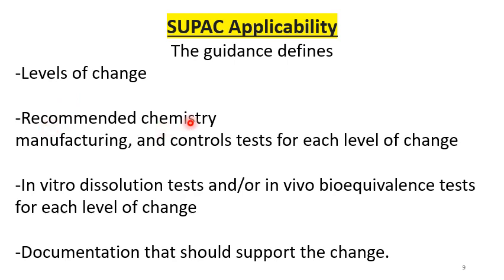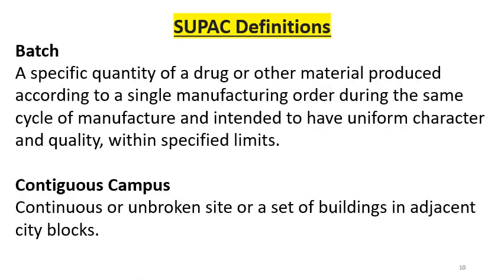Then it recommends chemistry, manufacturing and controls tests for each level of change. Then in vitro dissolution test and in vivo bioequivalence test for each level of change, and documentation that should support the change. So these are the important parameters or important aspects of the guidance.